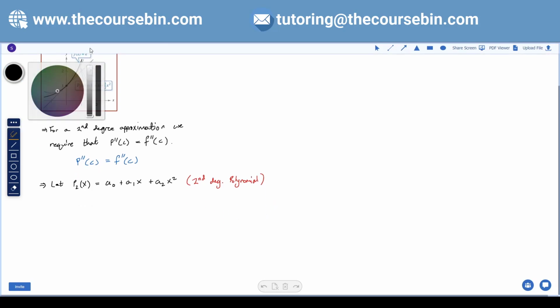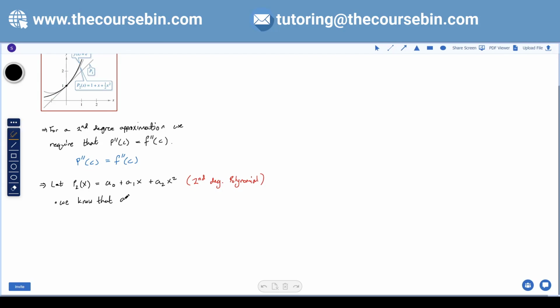And remember that we've already found that a naught and a1 are both equal to 1. So let's take the second derivative of p2. So we'll say p2 double prime of x.